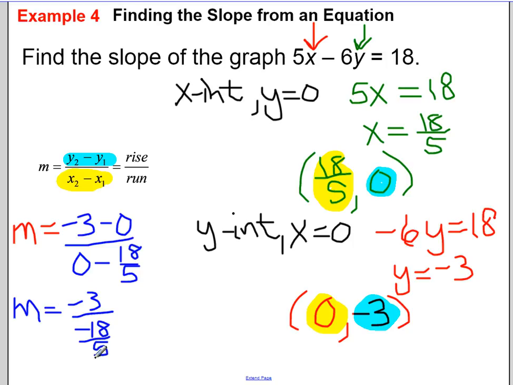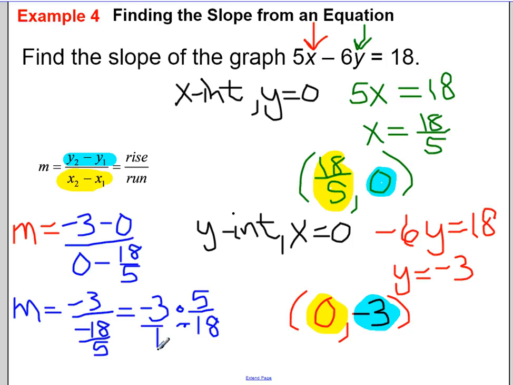Now, when you're dividing by a fraction, that's the same thing as multiplying by the reciprocal. So I'm going to write this as negative 3 times the reciprocal of negative 18 over 5, which is 5 over negative 18. Now, this can be simplified.